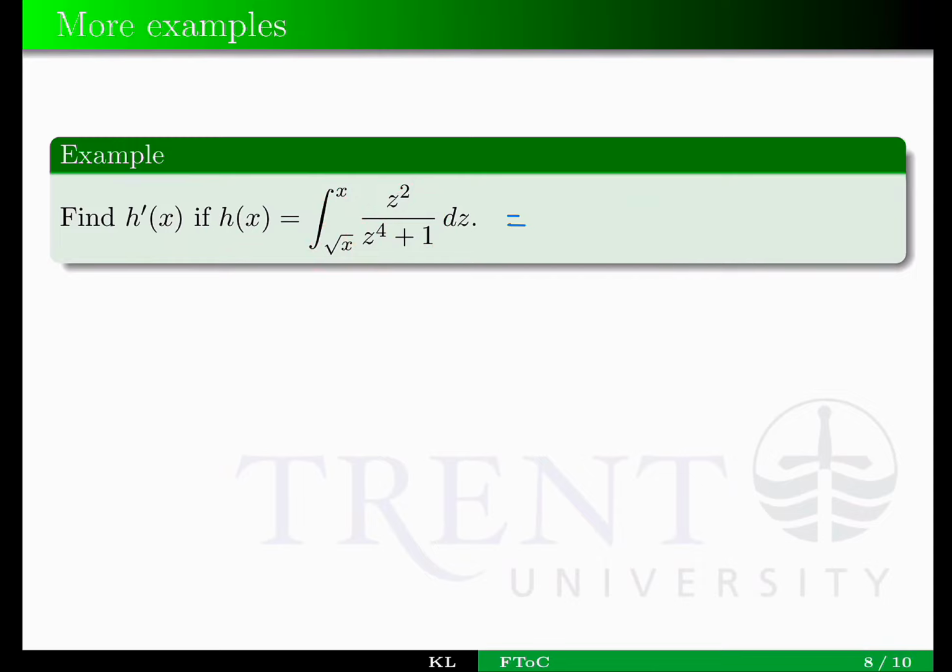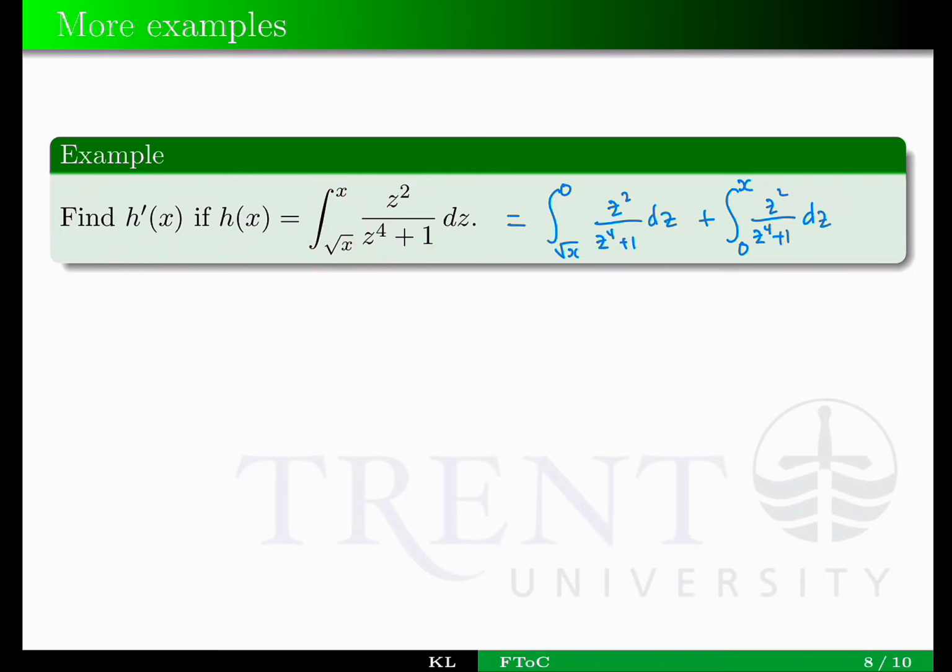Okay? So in here, let us choose x equals 0. We can rewrite this as the integral from square root of x up to 0 of z squared over z to the 4 plus 1 dz plus the integral from 0 to x of z squared over z to the 4 plus 1 dz.